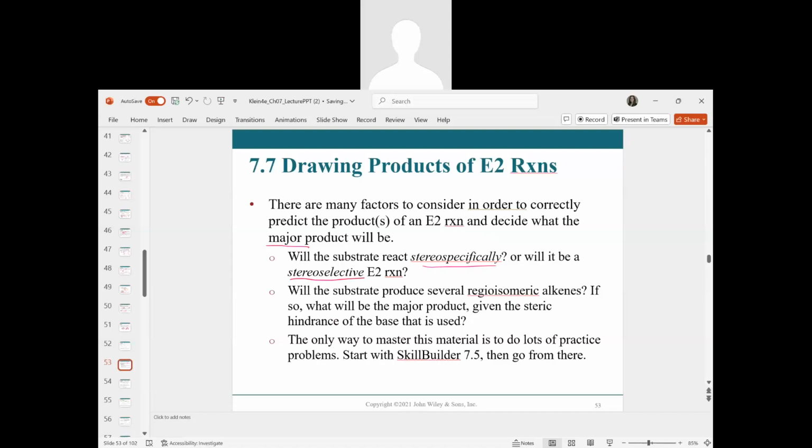Will it produce several regioisomeric alkenes? So will we again have Hofmann and Zaitsev products, things of that nature? The only way to do this is to do lots and lots of practice problems, and we will continue with the next section in the next video.